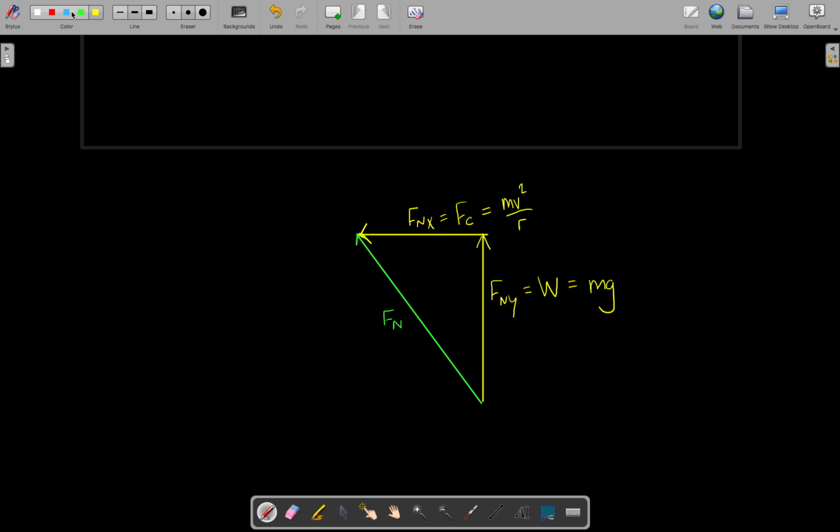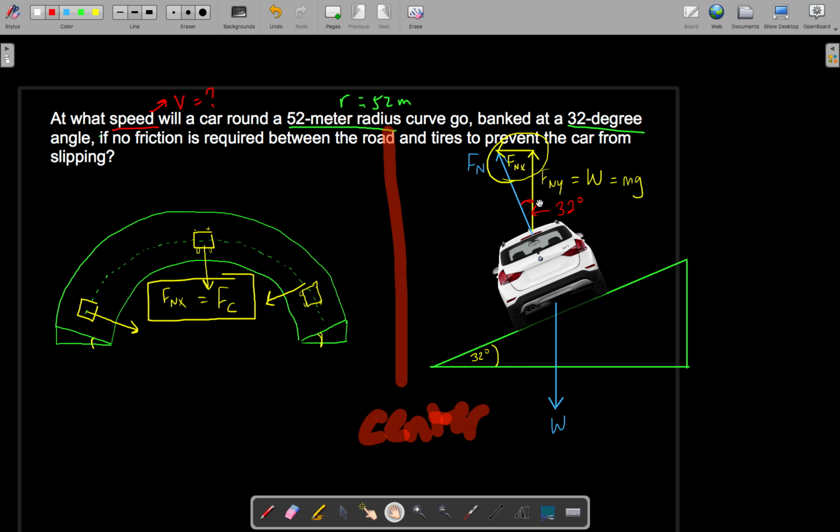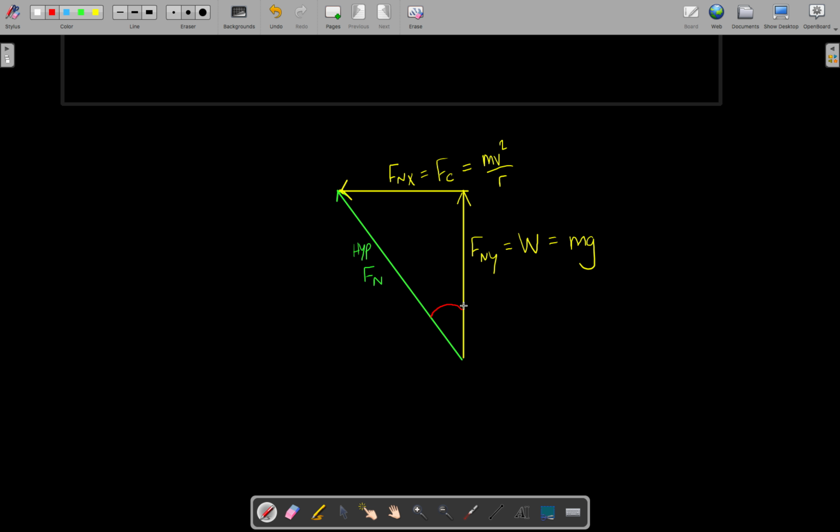Now let's go ahead and also label the sides of the triangle. This side right here is our normal force. We will label this as the hypotenuse. This side right here is the force normal x, also known as your centripetal force. Just keep in mind the angle, 32, I forgot to tell you this: the 32-degree angle is right at the bottom of that triangle, so I'm just going to write that down here, 32 degrees.